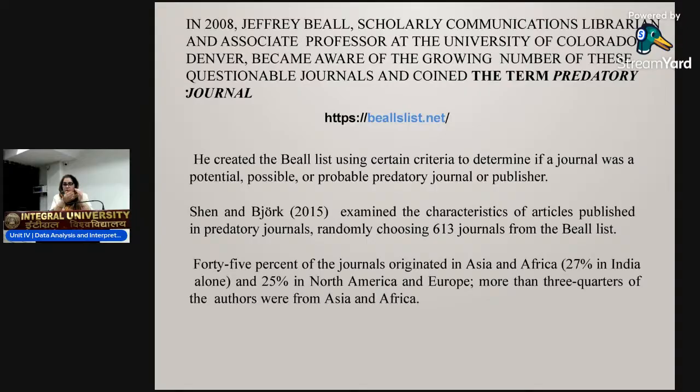There is a regular rate of growth and there is a hyper proliferative rate of growth, right? So he must have figured out that there is a hyper proliferative rate of journals being published by publication houses. And then he decided to scrutinize them and he compiled a list called Beale's list.